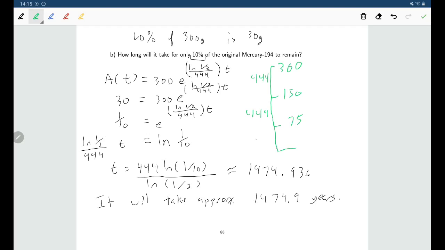And then 444 years later, you'd have half of that amount, 37.5. And you can see that already at this point, we're at over 1,300 years, and that's to get us to 37 grams. To get down to 30 grams is going to take a little bit longer, and not a surprise, it takes us all the way up to 1,474.9 years. So this does seem like a reasonable answer then.